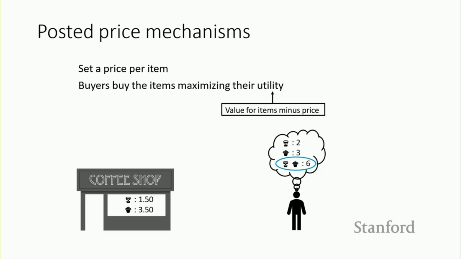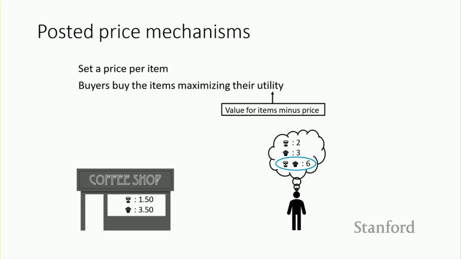Whereas for an individual, the value for coffee and cupcakes together is actually different from separately. You can think about how this happens easily for lots of different kinds of economic decision making. So in this setting, the individual, I think 350 plus 150 is less than their 6, so they'll probably buy.